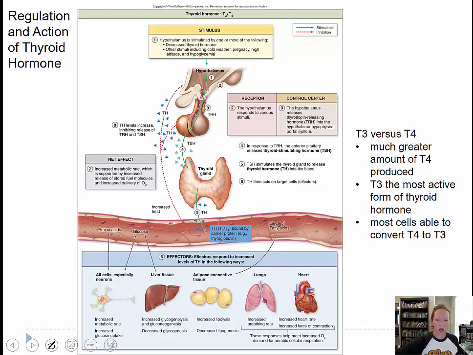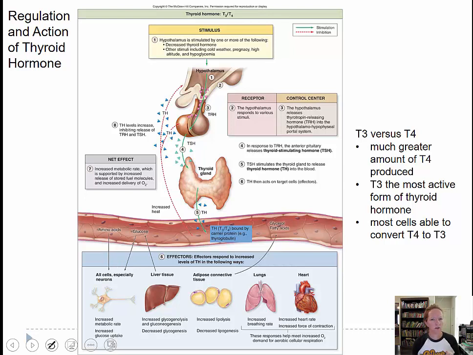Remember, the thyroid hormones, T3 and T4, are controlled by the hypothalamus and anterior pituitary axis. The hypothalamus is going to produce TRH. You might be thinking, what even causes the hypothalamus to secrete that hormone? Usually it's constantly monitoring the level of T3 and T4 in the blood.